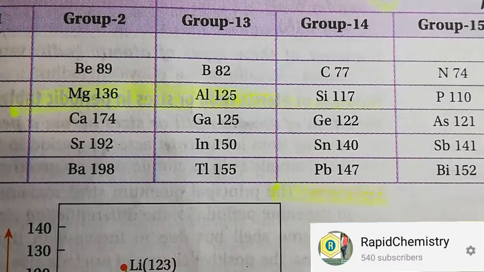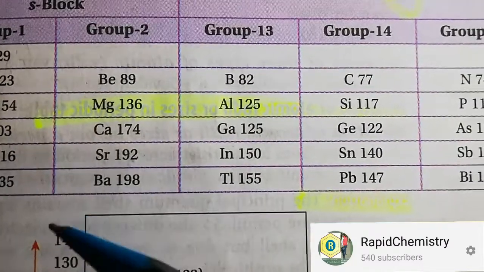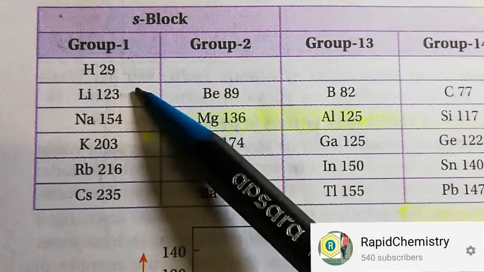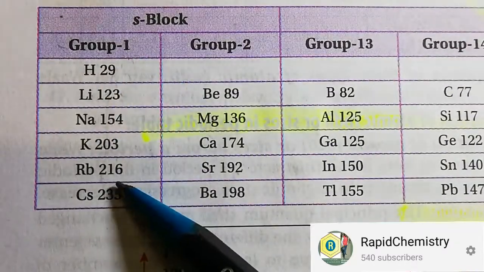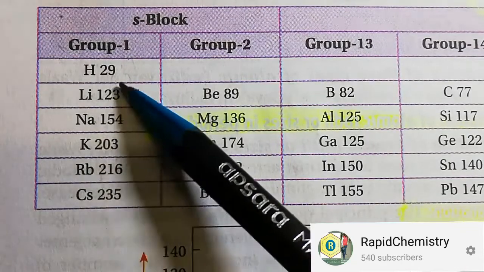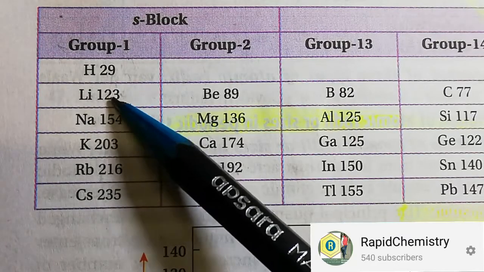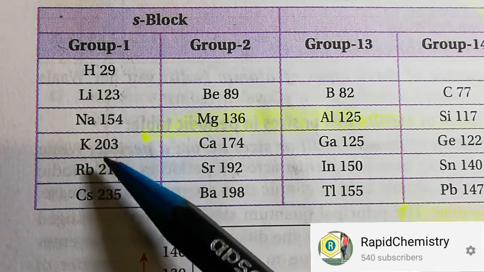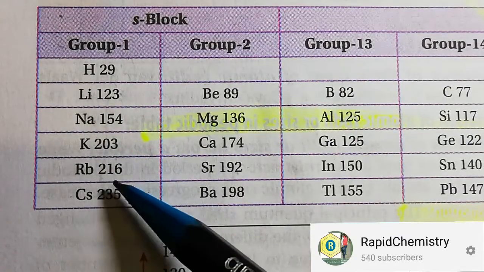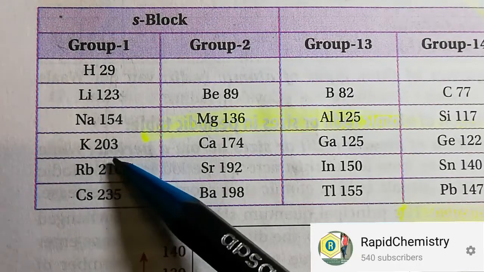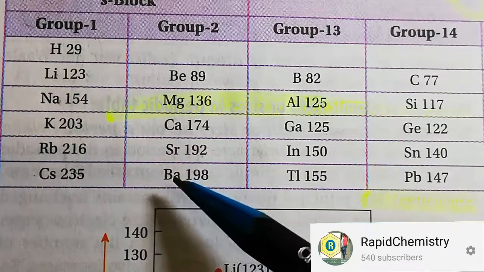Here one thing we have to understand: if you observe the values of the covalent radii as given here, from the first element to second, second to third, the rate of increase initially is more, but at the last element you will see the rate of increase in atomic radii or covalent radii is not so much.